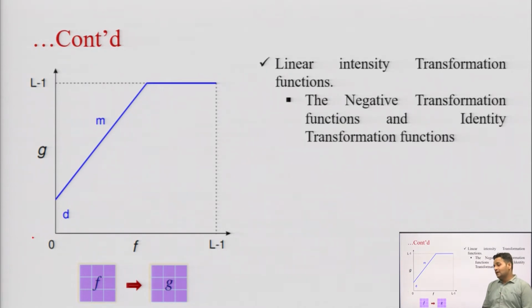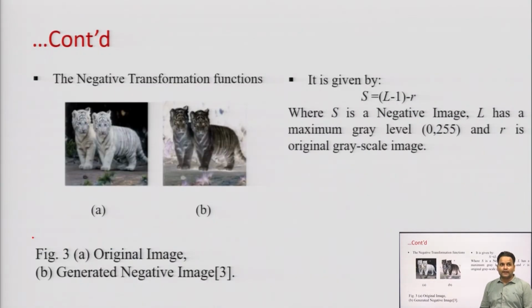So, that is the linear intensity transformation function, and in this function we would have negative transformation and identity transformation function. Okay. Now, you can see here the negative transformation. If we talk about the negative picture of one image, then you can see here the first image is just the original image and the second image is the generated negative image. How can we generate this negative image?